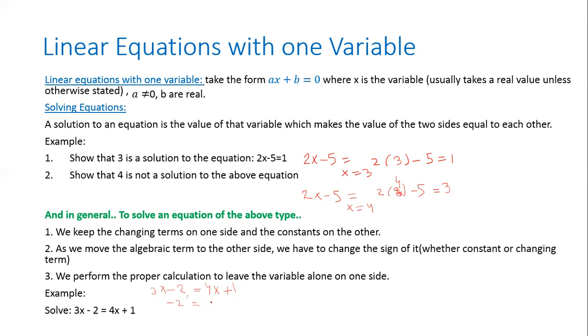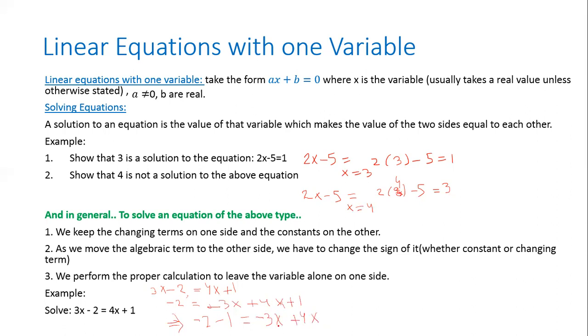My 3x, I move it, so it becomes minus 3x, here plus 4x plus 1. Now in my next step, I move plus 1 to the other side to become minus 2 minus 1. I also change its sign. Here equals minus 3x plus 4x.